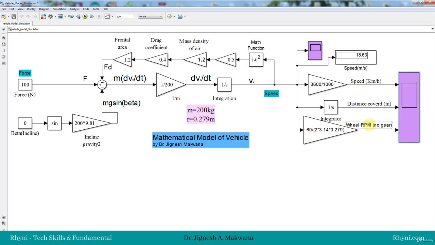To convert the minute into second, it is multiplied by 60 because it's revolutions per minute. So it will become revolutions per second, and one revolution represents 2 pi r meters. So to represent one revolution, it is divided by 2 pi, 2 into 3.14 into r, where r is the radius that we assume. So it is around 0.279, which is around an 11 inch wheel.